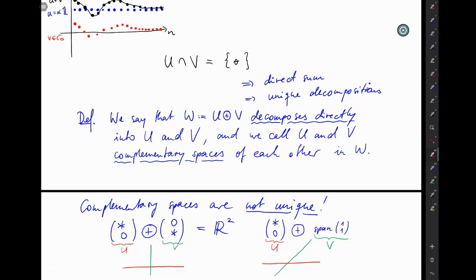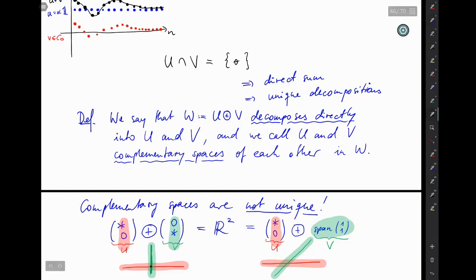So the same subspace U, which is the x-axis, has this subspace, which is the y-axis, as its complementary space in R2, but also that subspace, which is not the y-axis, as its complementary space in R2, because also here equality holds.